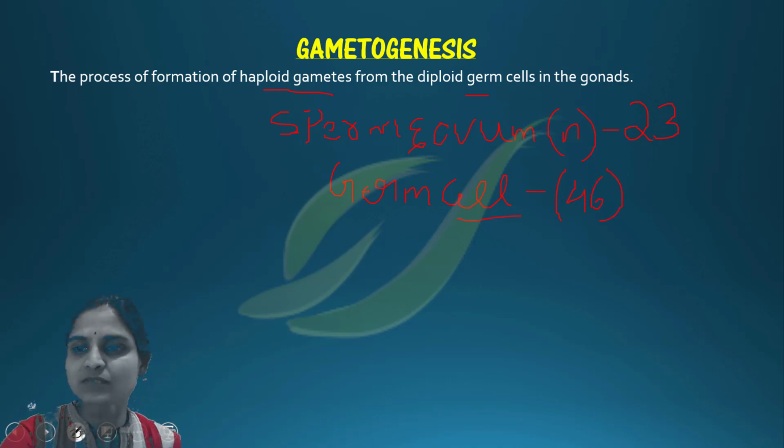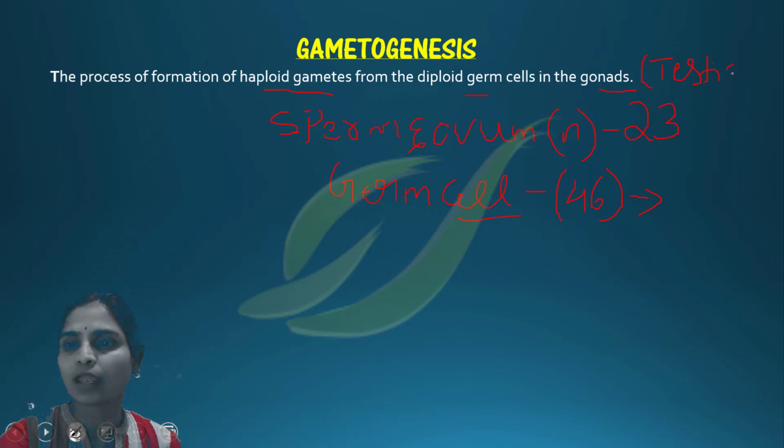From these germ cells, the sperms and ovum are produced in the gonads. In the case of male, the gonad is the testis. In the case of female, the gonad is the ovary. We are going to understand in this session how sperms and ovum are produced in the testis and ovary.